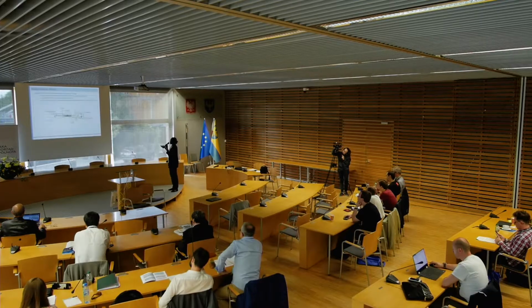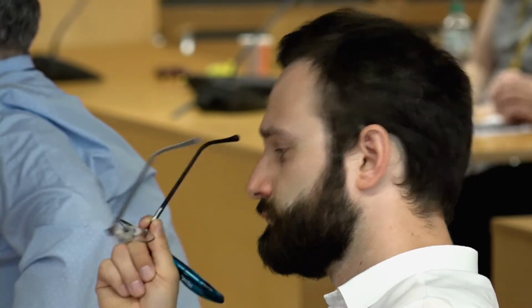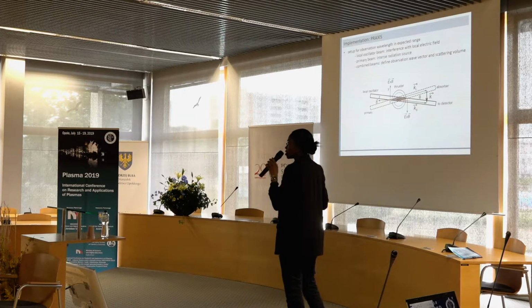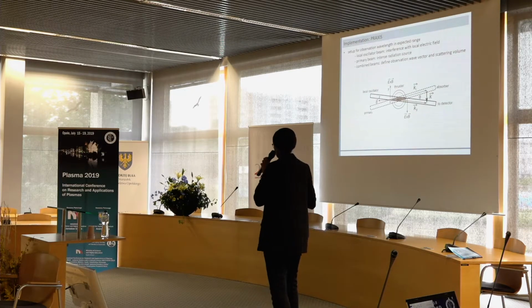This will be clearer on this slide, where this is the basic setup. The local oscillator, as I mentioned, is going to interfere with the fluctuating field of interest. The primary beam, which is most of the 40 watts, serves as the intense radiation source we're using for scattering.